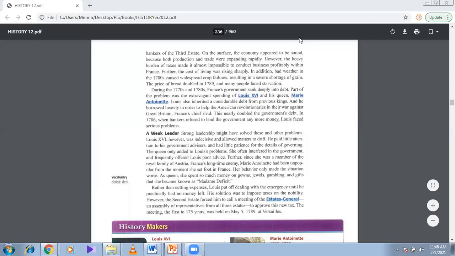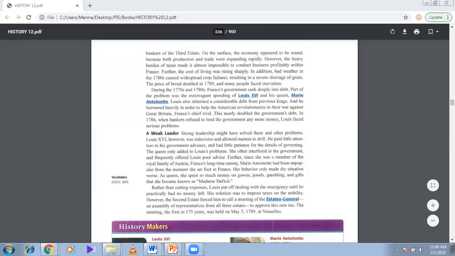Okay. So because of these social, economic, and political reasons, there had to be a solution for the problem. So what happened is all the three estates gathered up in a meeting. Representatives showed up from each estate and they decided or suggested that the three estates will call themselves the National Assembly.